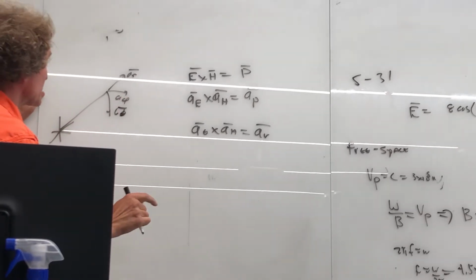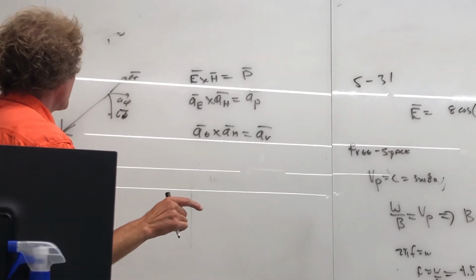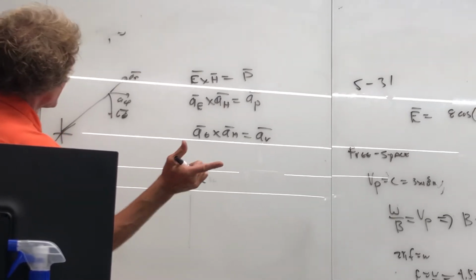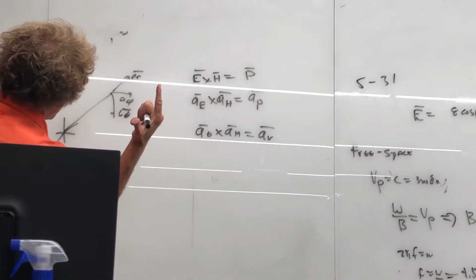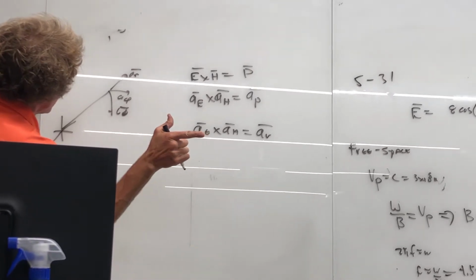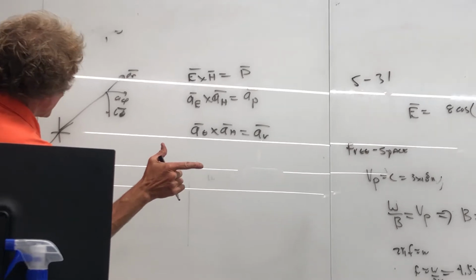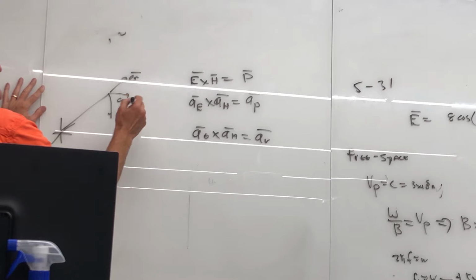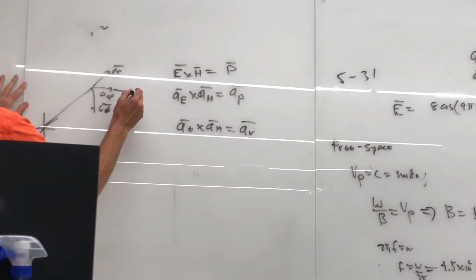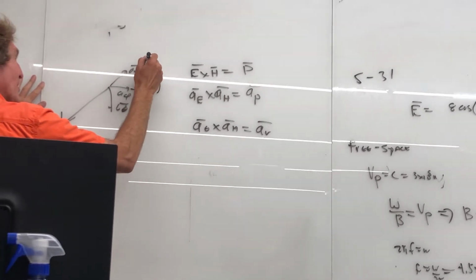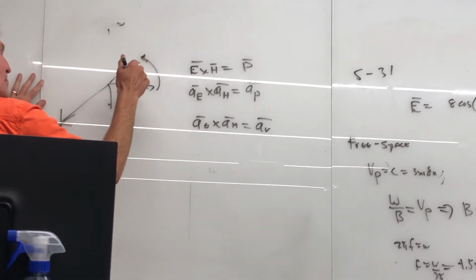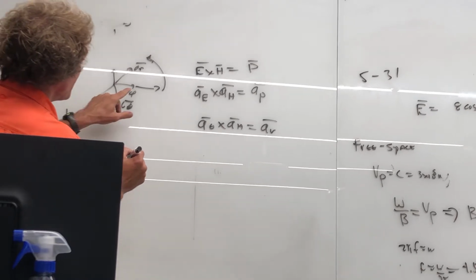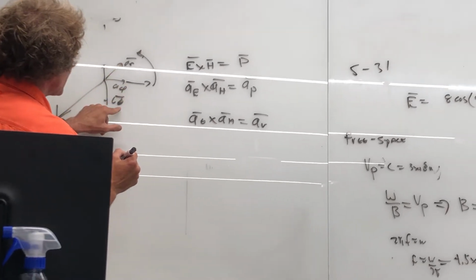Now, if you take a look at this, if I have A theta crossed into AR, it's A phi crossed into AR. Boy, it's a hard thing to show. If I cross theta into R, it would be coming up this way, minus phi crossed into R be minus A theta.